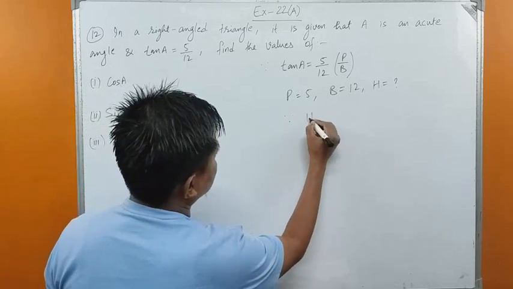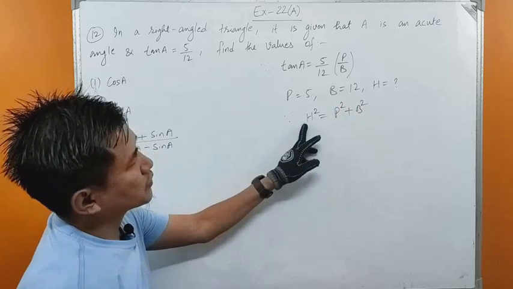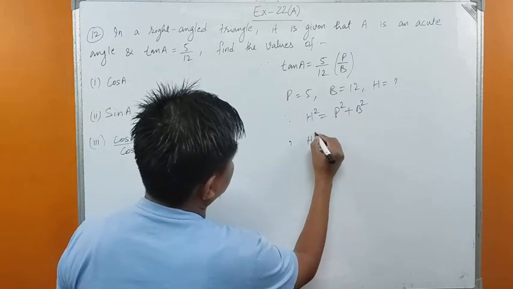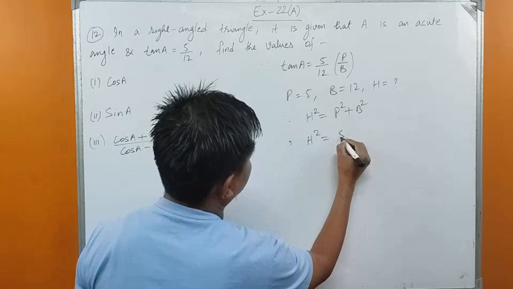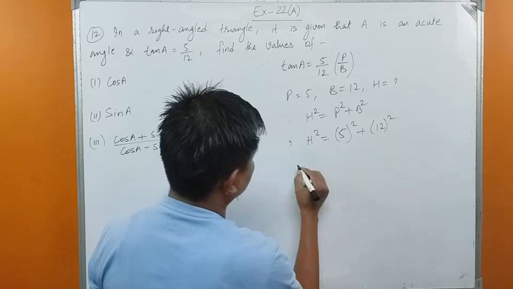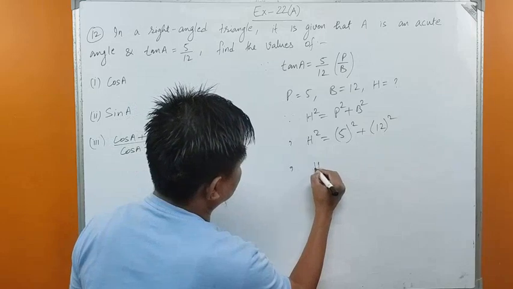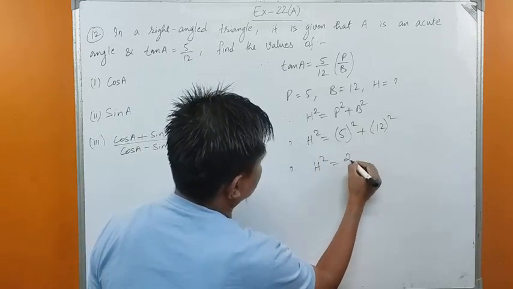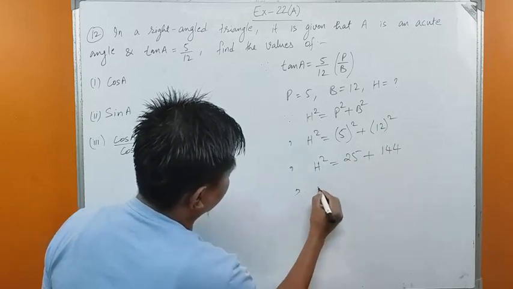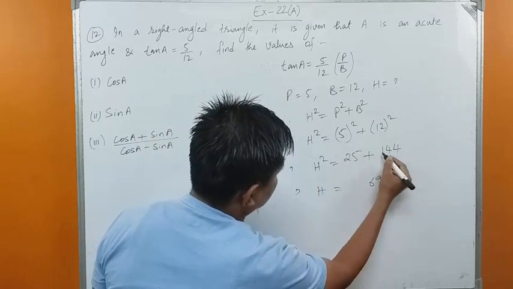Since we know that h square equals p square plus b square, this is the Pythagoras theorem. So h square equals 5 square plus 12 square, which is 25 plus 144, that is 169.